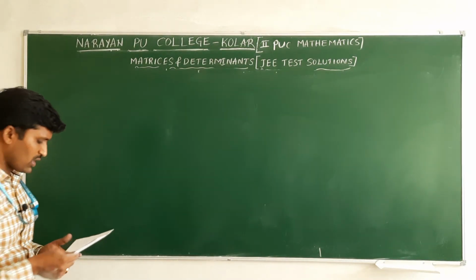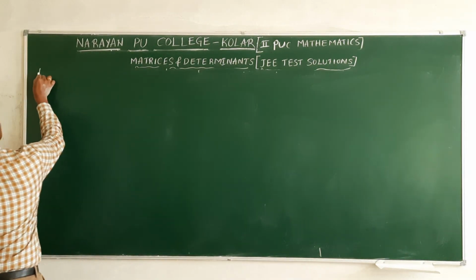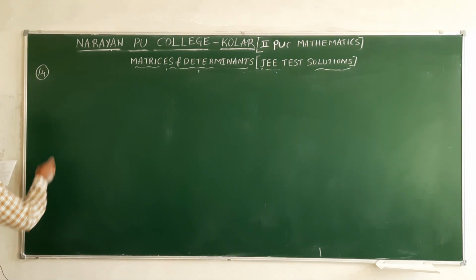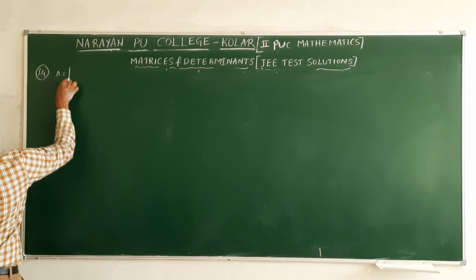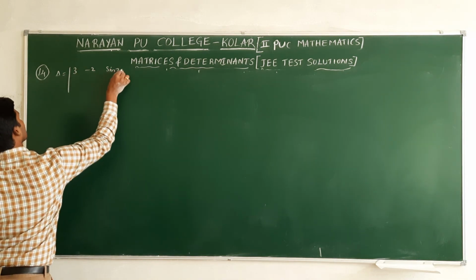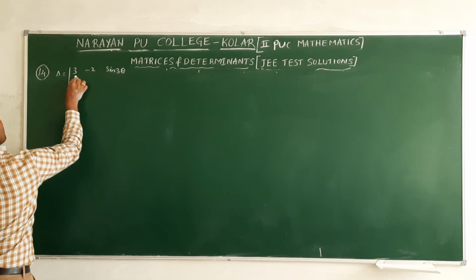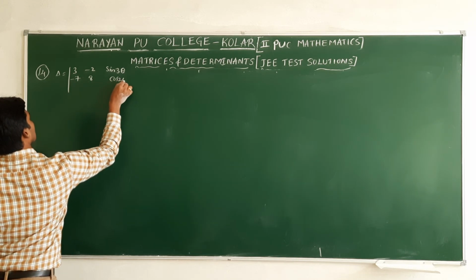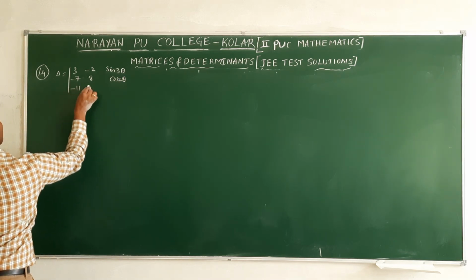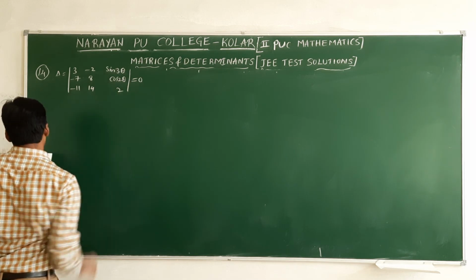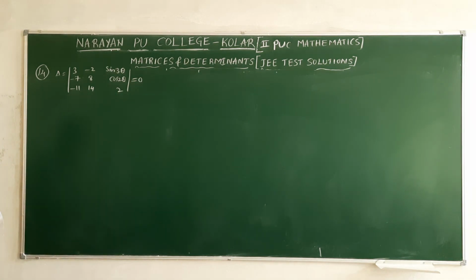Next, question number 14. If the determinant delta equals the determinant of 3, minus 2, sin 3 theta; minus 7, 8, cos 2 theta; minus 11, 14, 2, equal to 0. Here we need to find the sin theta value.